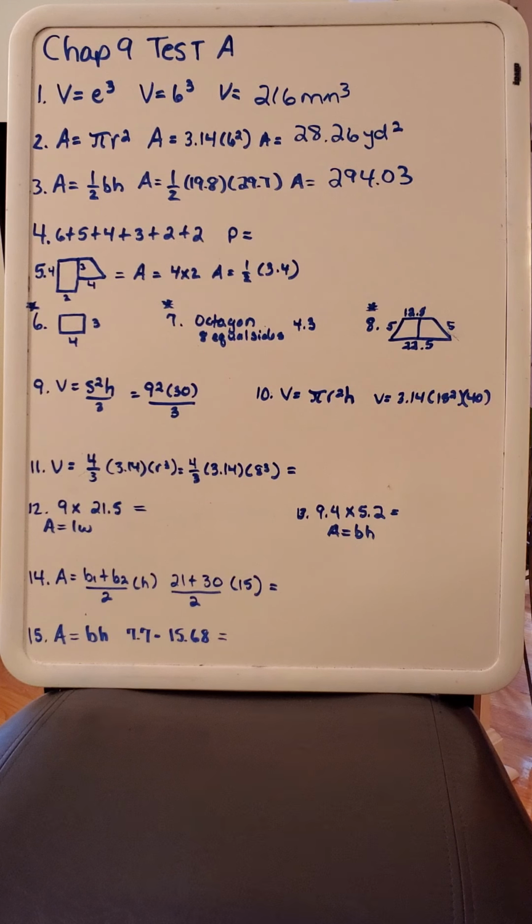Number 4 is asking for the perimeter of the irregular polygon. So I just went through and wrote down the measures of all the sides, and I'm going to add them together, and we're going to come up with 22 units.